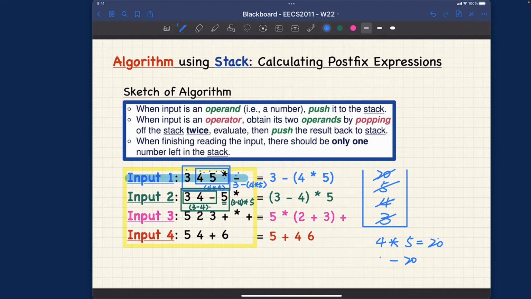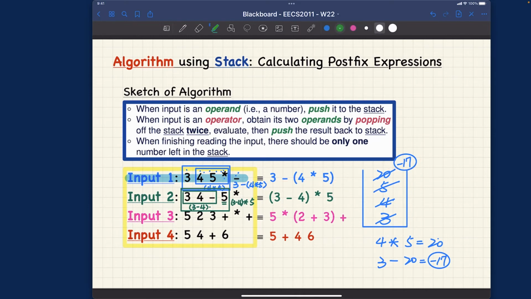So that'll be 3 minus 20, that'll be minus 17. And make sure you actually push this back to the stack. As before, in that case, this will be the final answer to return for your algorithm. Right? You can see this result will simply match the result here. You can just verify that by yourself. Right? So the first example.